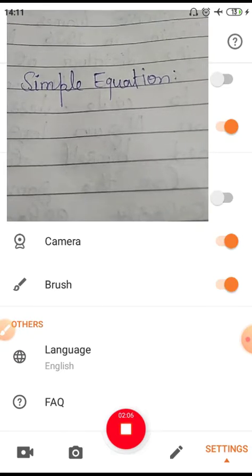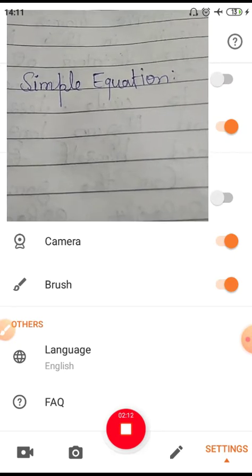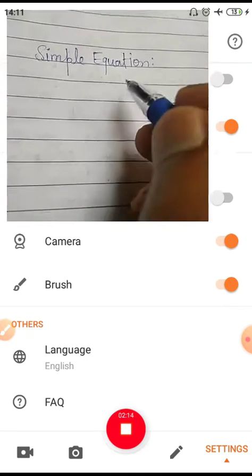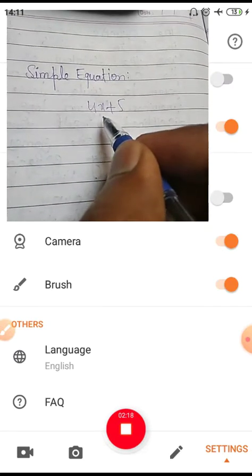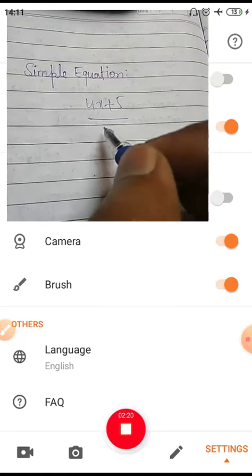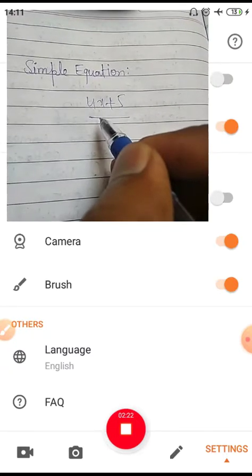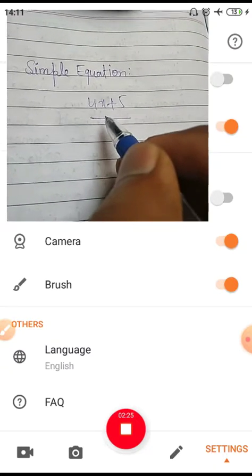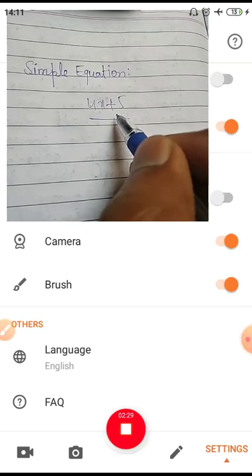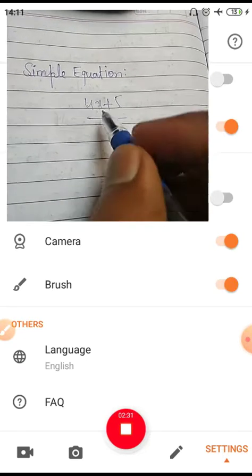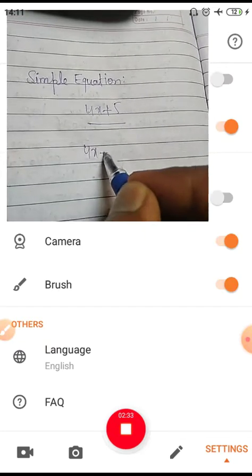From x, we form the expression 4x plus 5. For this, first we multiplied x by 4, then added 5 to the product: 4x plus 5.